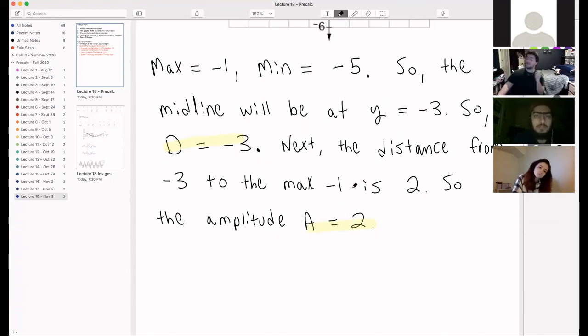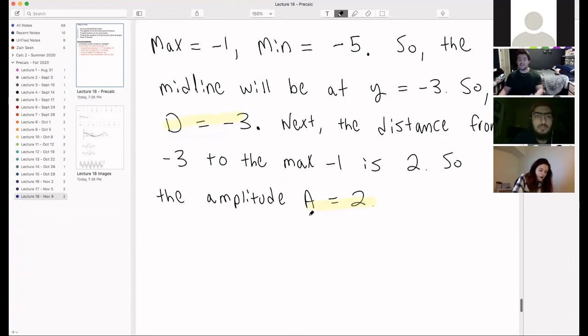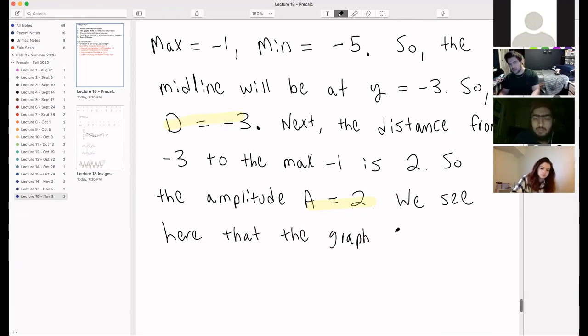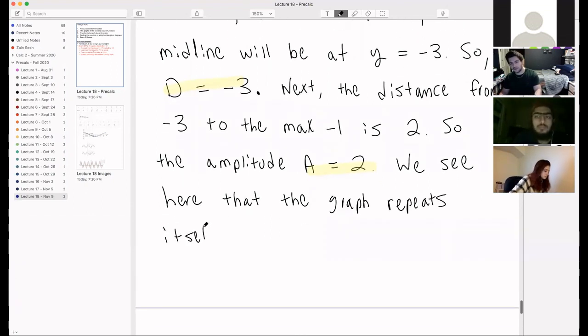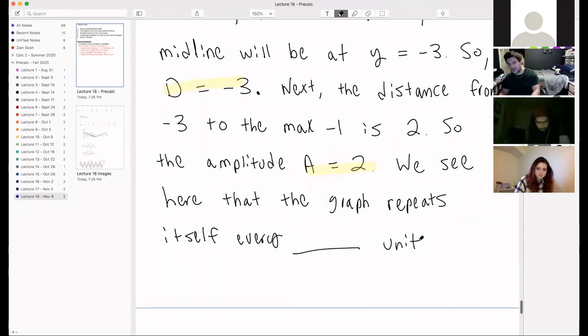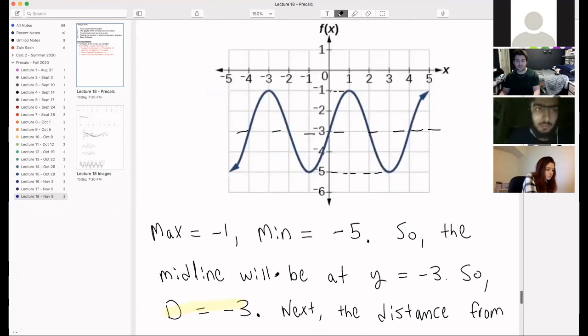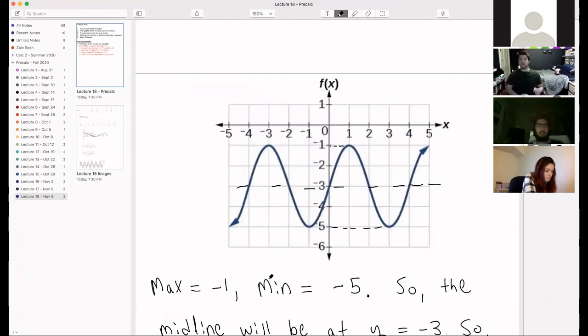Right, okay, so the most interesting part is finding the period. So we see here that the graph repeats itself, and I'm going to scroll up, repeats itself every blank units. And this blank is going to be the period. All right, so let's scroll up and look at what the period is. How many units does it take for this graph to complete one cycle?